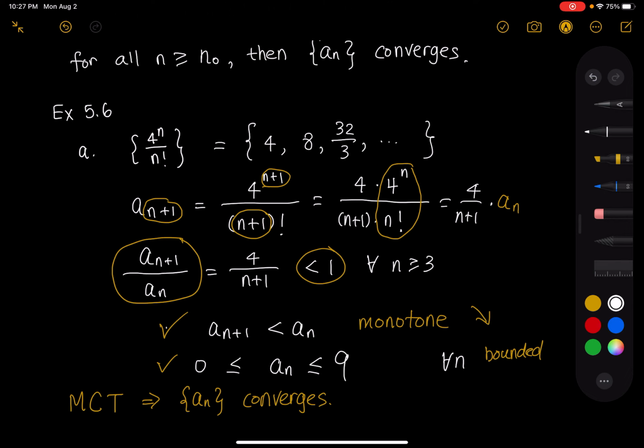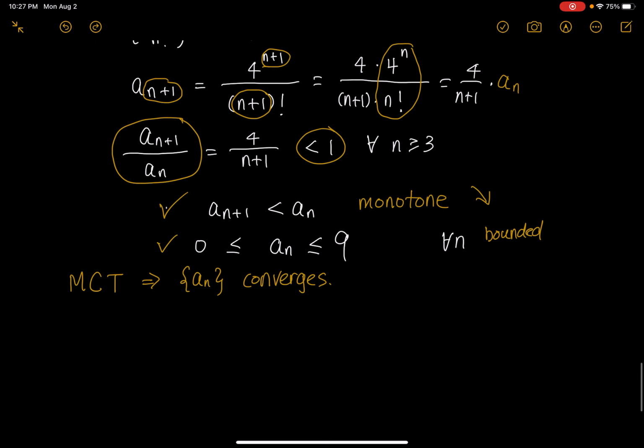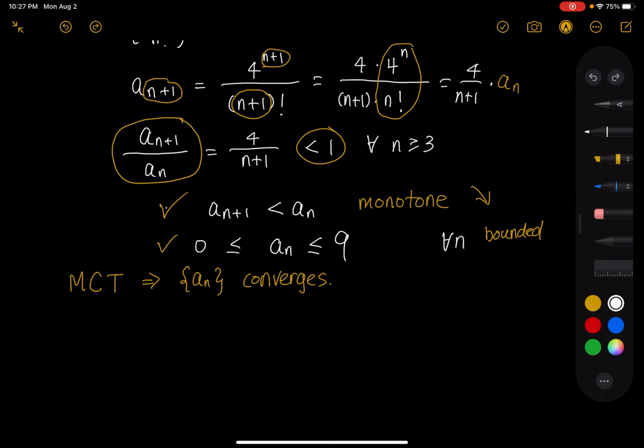How do you take the derivative of n factorial? Think about that. So just merely taking the limit is not convincing, even if we know the limit is 0. How do we convince everyone that the limit is 0?